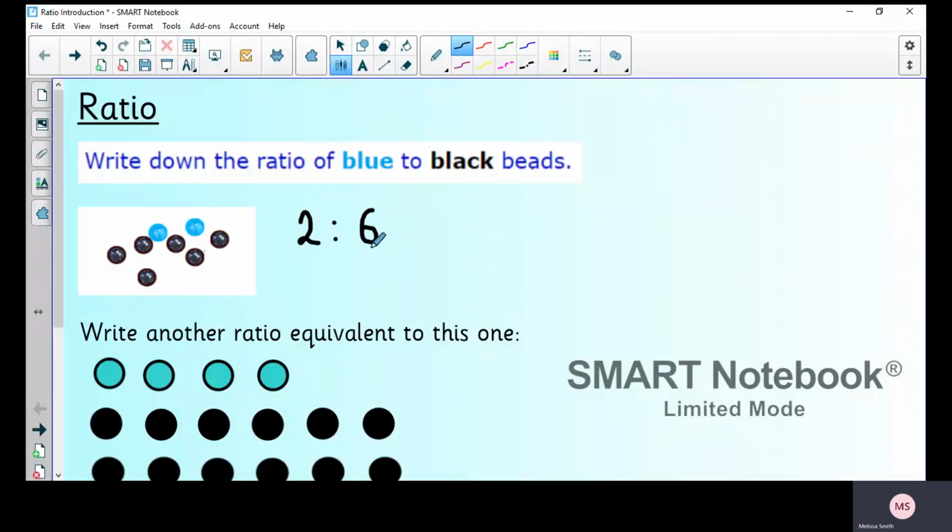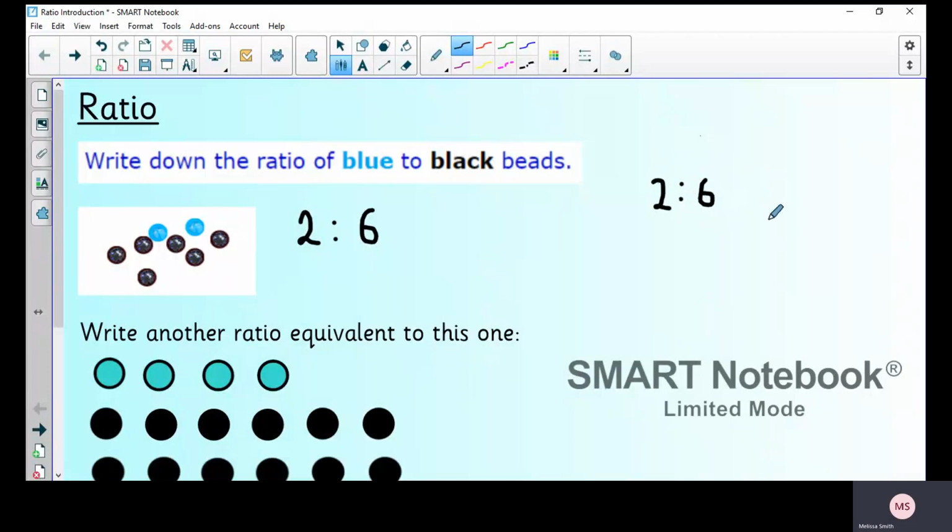With ratios, we can scale them up or we can scale them down. So if I write this here, 2 to 6. Now if we're looking at scaling down a ratio, we have to find a common factor that is shared between 2 and 6, that when we divide by, we get the answer.